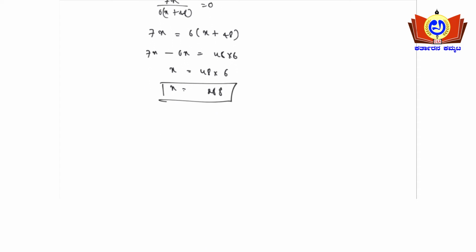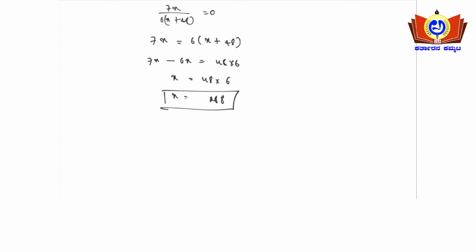So what is x here? The first distance. The total distance D will be x plus x plus 48, so 288 plus 288 plus 48.